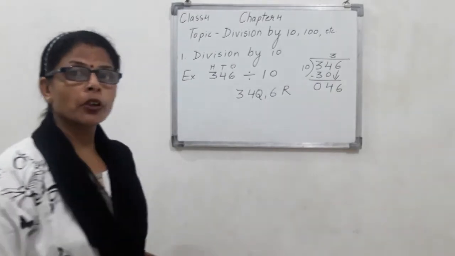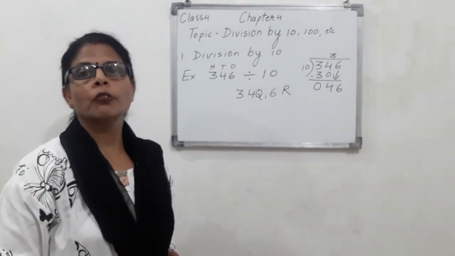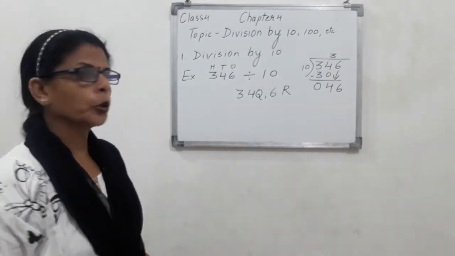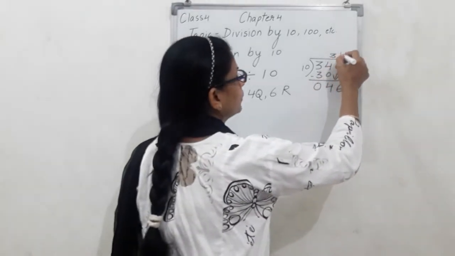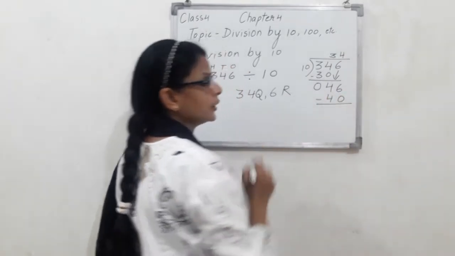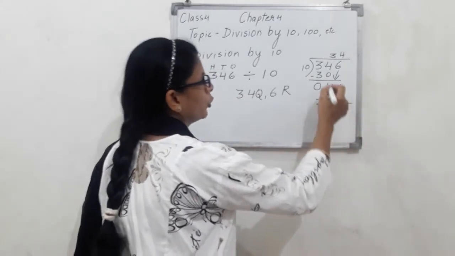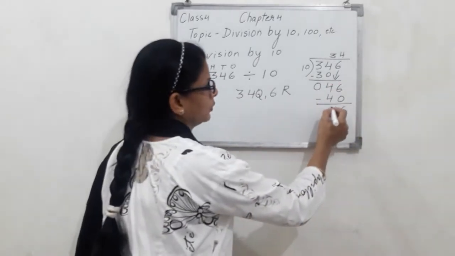Now does 46 come in the 10 table? No. Less than 46, what comes? 40. How many times? 4 times. So we'll write 4 up and 40 down. Now we'll minus it. 6 minus 0, 6 only. 4 minus 4 is 0.